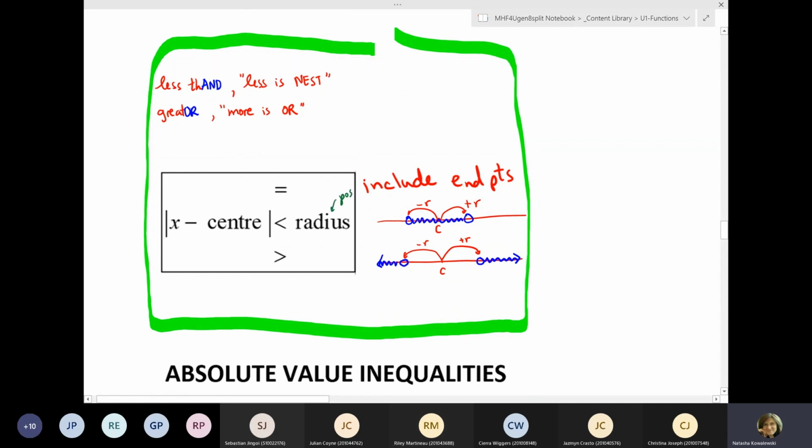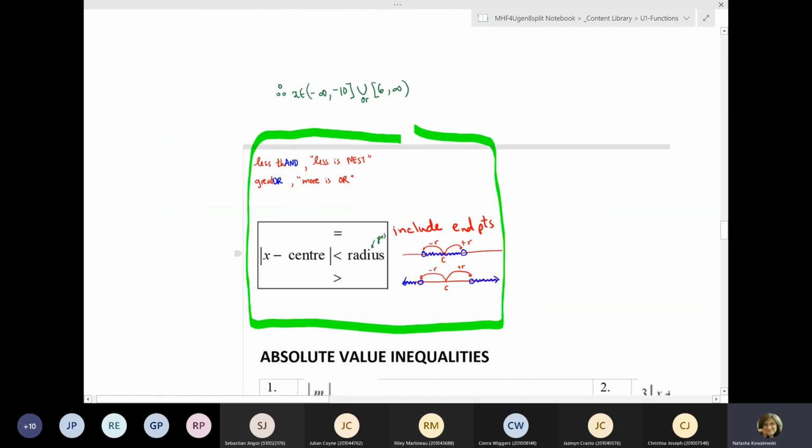As you saw, when you had negative on the other side, it just either means no solutions or all the solutions, right? So you have to get it into that form for you to be able to know what is the center, and it's always x minus the center. So if you see a plus, it's going to be negative. If you see a minus, it's going to be positive center. Okay, thank you. You're welcome.